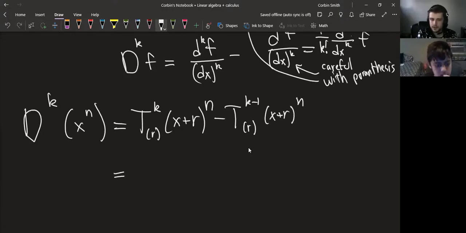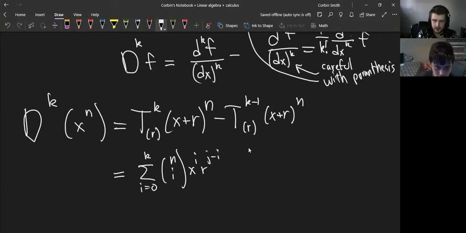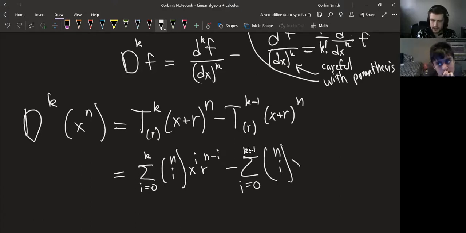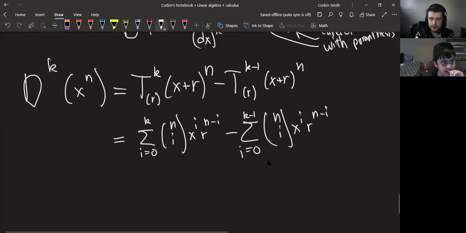Let's expand this out. That's the sum from i equals 0 to k of n choose i, x to the ith power, r to the n minus ith power, minus the sum from i equals 0 to k minus 1 of n choose i, x to the ith power, r to the n minus ith power. So what does this simplify to, buddy? This actually has a really easy simplification.